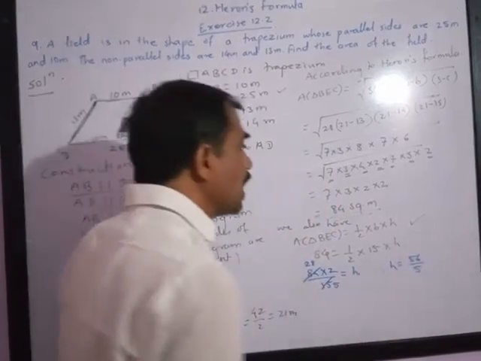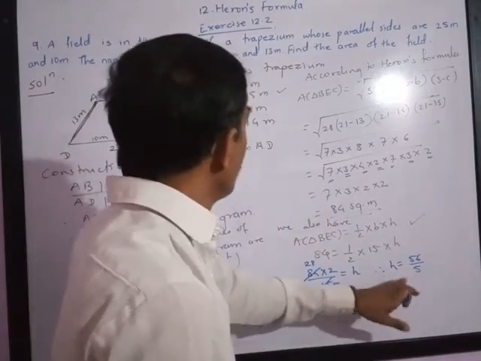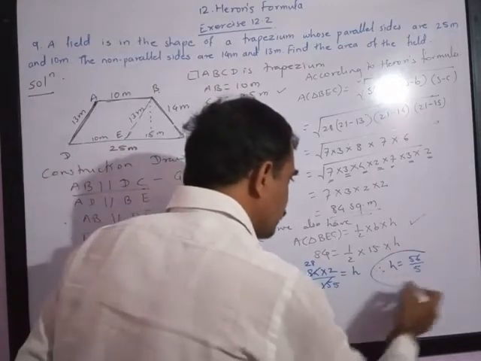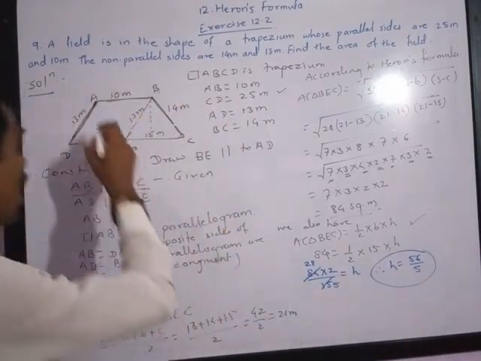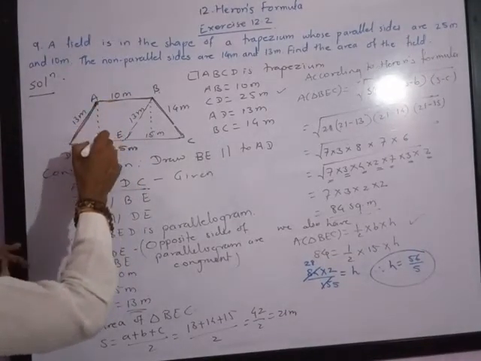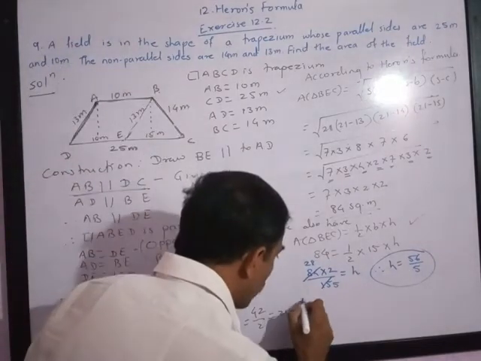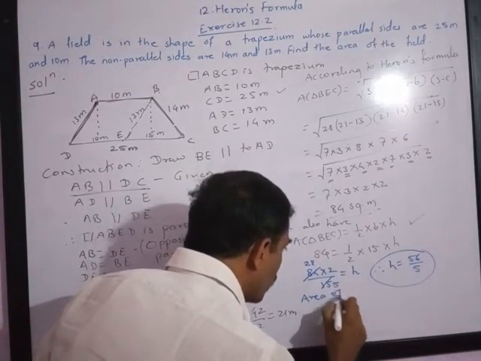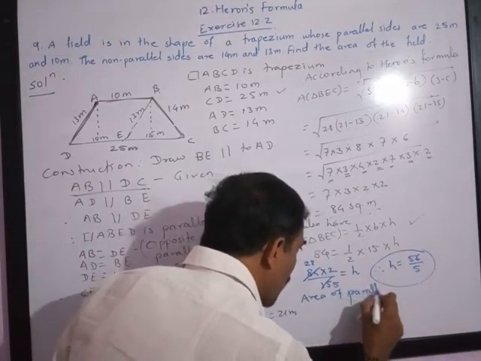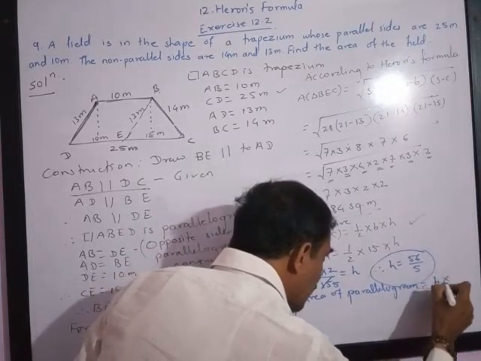Now we know that area of the triangle is half into base into height, so by using this I have got the height. Now for the area of parallelogram we have the formula base into height. Area of parallelogram is equal to base multiplied by height.